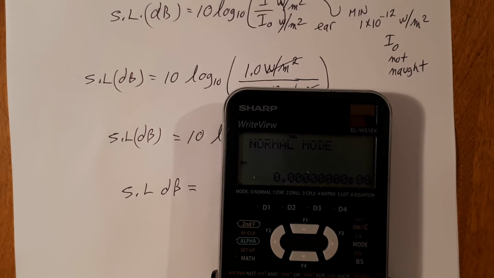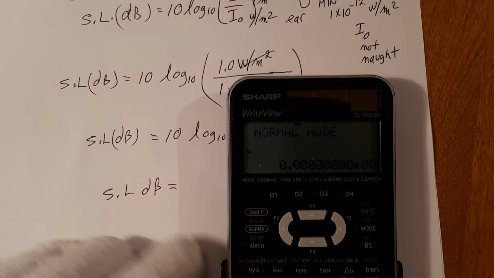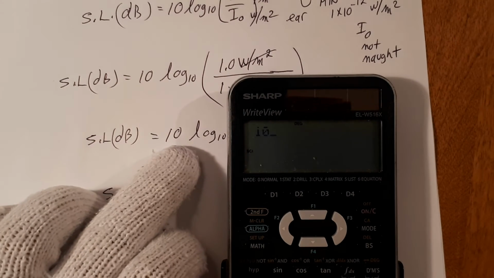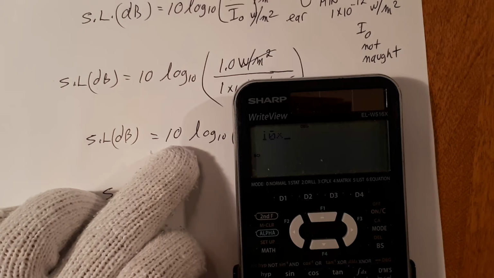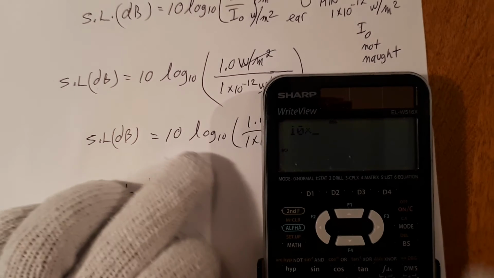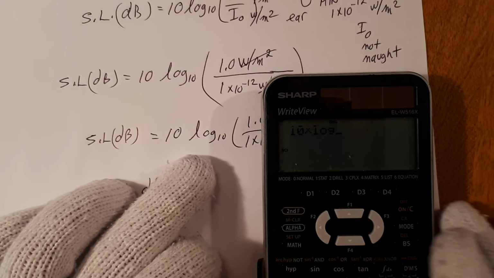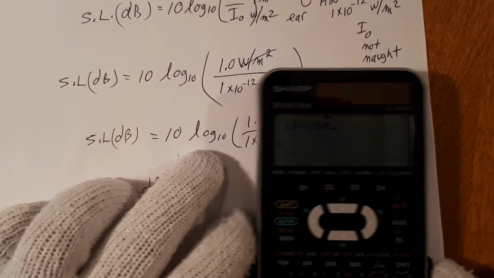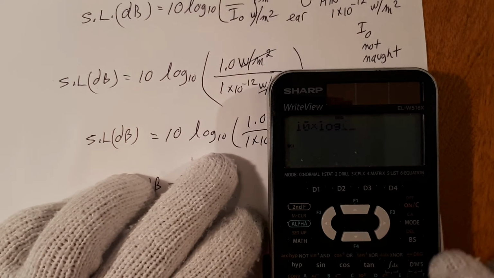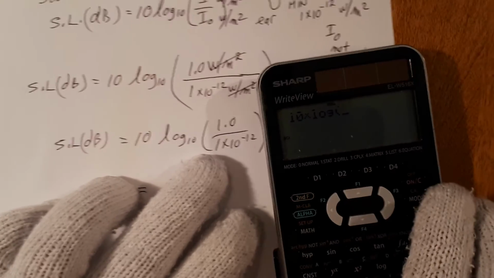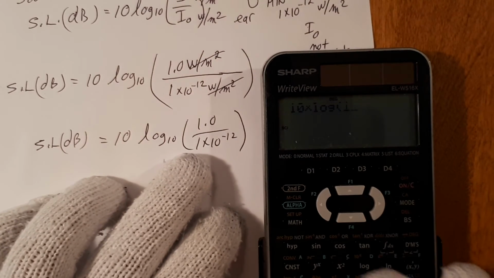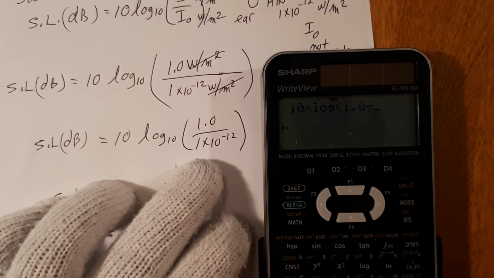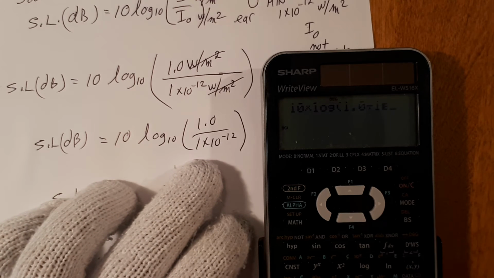So we have 10 times the log. And when I press log in this calculator, it's already understood that log is base 10. Log of the bracket, open that bracket, 1.0 divided by 1 exponential minus 12, and close that bracket.